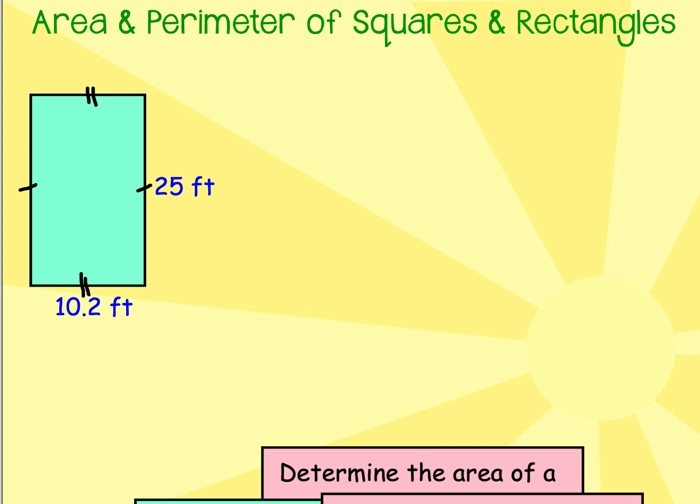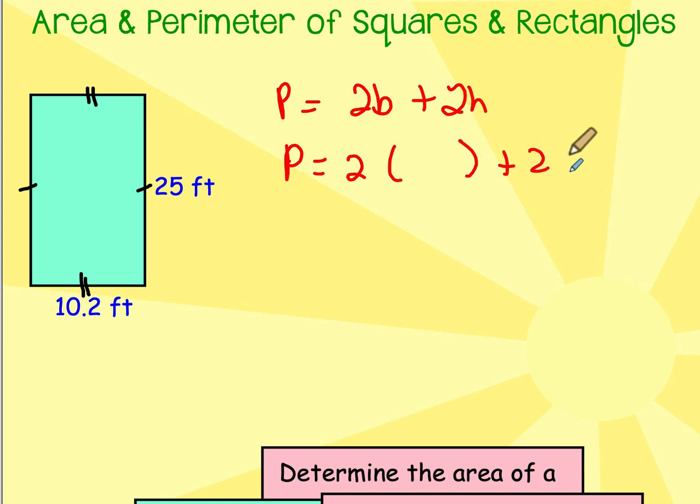Okay, now what about the perimeter? So perimeter is twice the base plus twice the height. So it's 2 times the base plus 2 times the height, and 10 and 2/10 we use as our base, and 25 is our height.